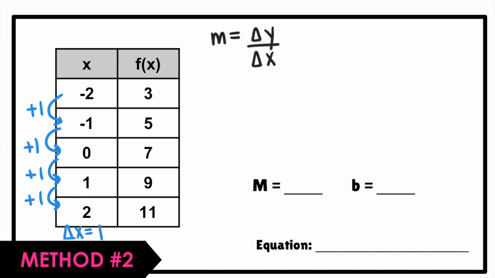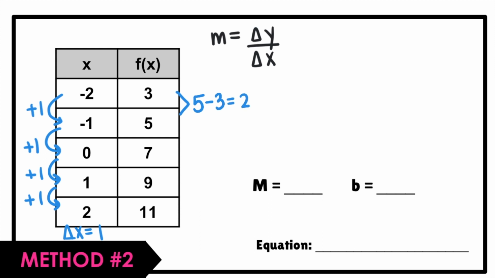is positive 1. And now we need to do that same thing for our change in y, or our change in f of x. So how do we get from one number to the next? If you can't recognize the change initially, you can calculate it. So how do we get from this first number to the second number? It's the same as if we were to take that second number and subtract the first number.